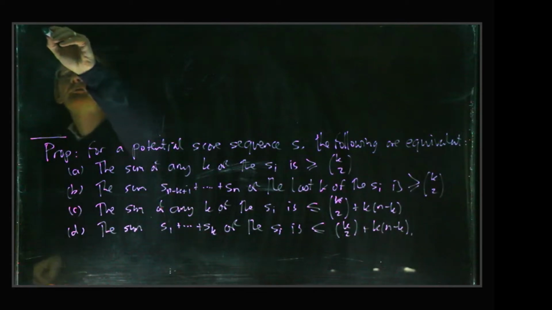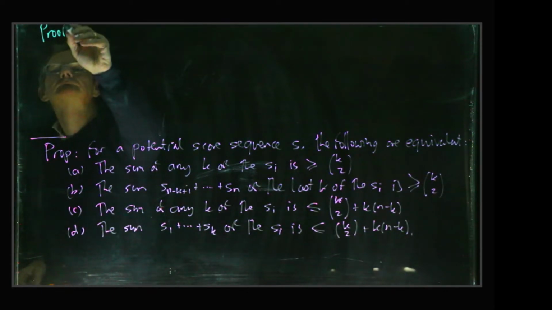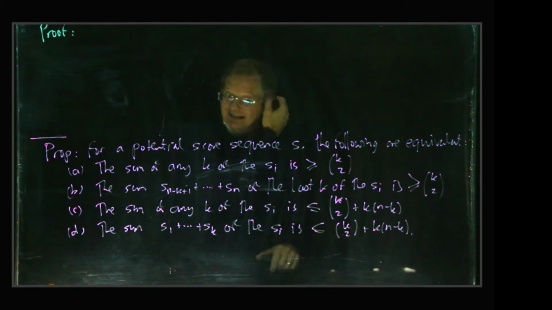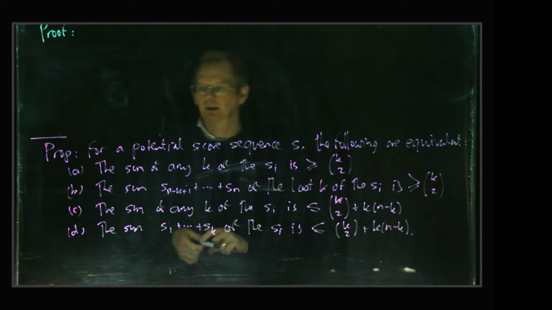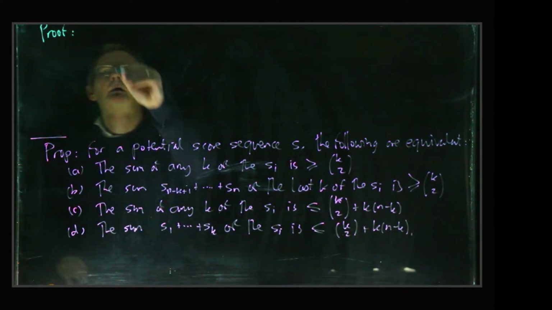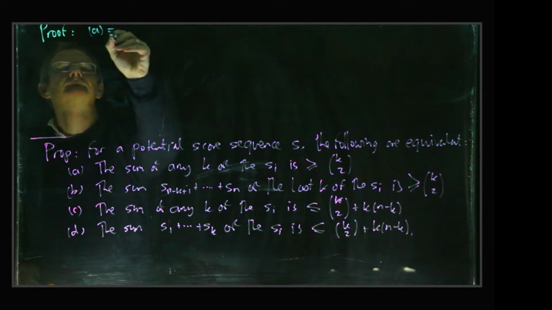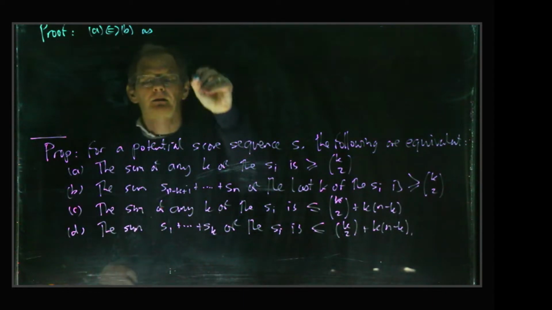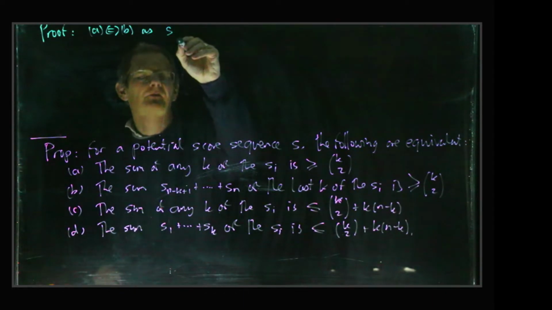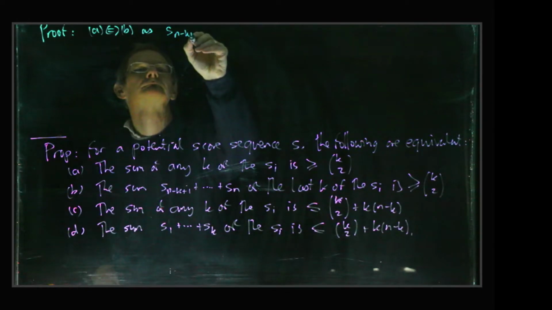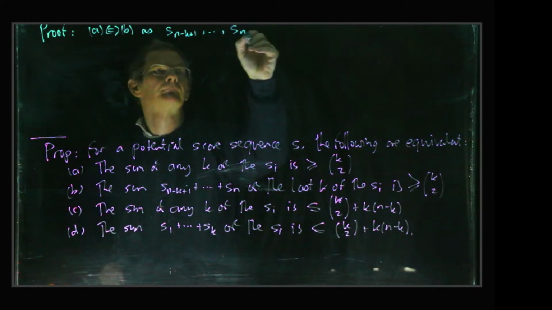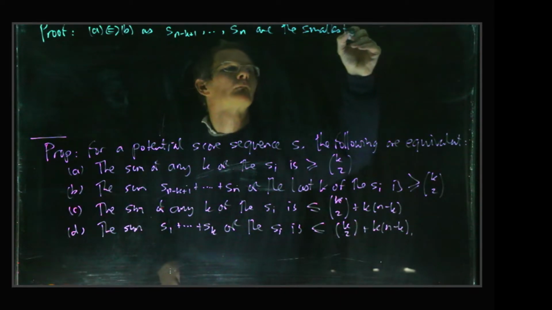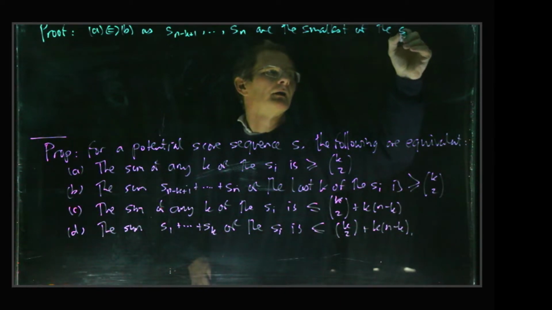Okay, so let's look at the proof of this. Let's look at A and B. So A is equivalent to B just because S_{n-k+1} up to S_n are the smallest of the SIs.